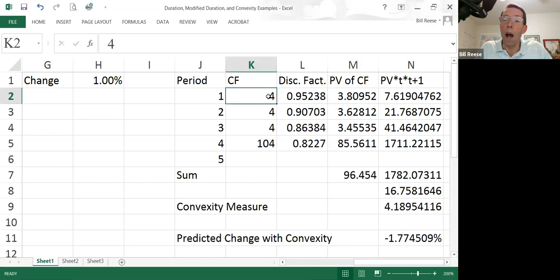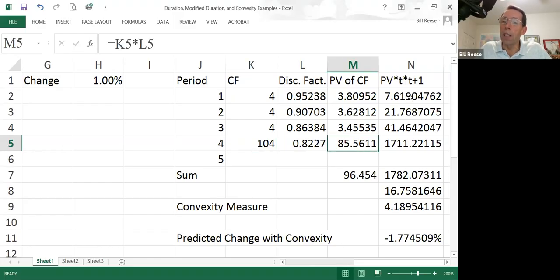So this $4 gets discounted back to 0. There's the present value. This $4 gets discounted back to 0. There's its present value. This $4 gets discounted back to 0. There's its present value. This $104 divided by 1 plus R, R is 5% I think in this case, raised to the 4th power is then going to be this number.